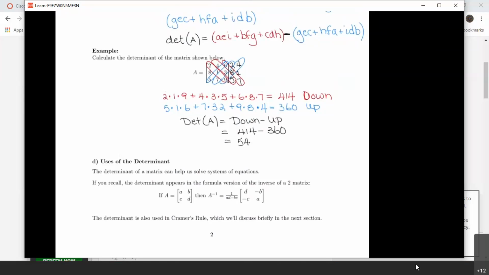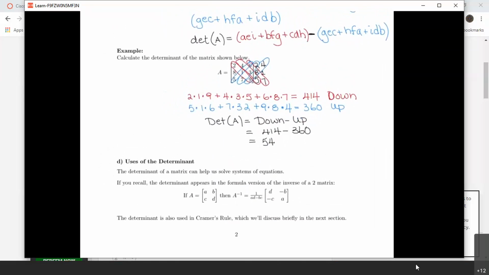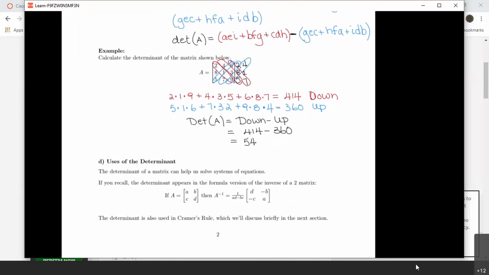So anyway, let's take a look at what you can use the determinant for if you're solving a system of equations with a matrix. Here's the determinant that we're building. See the determinant down here? If you have this matrix A and you want to determine its inverse, you need the determinant.